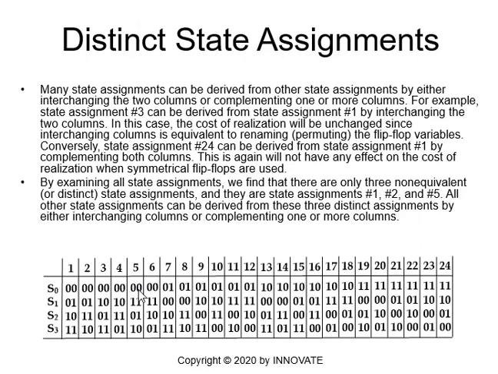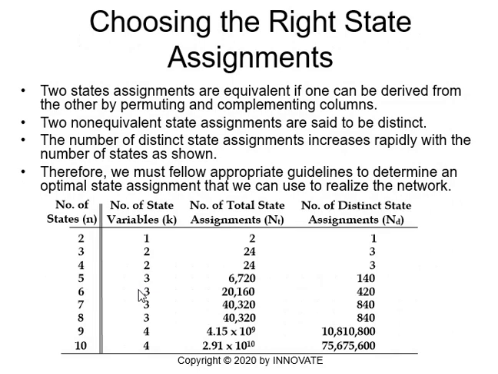Clearly, 2 state assignments are equivalent if one can be derived from the other by permuting or complementing columns. 2 non-equivalent state assignments are said to be distinct.